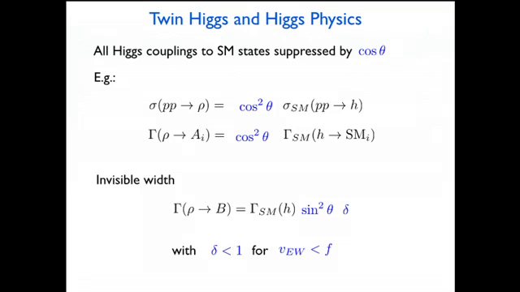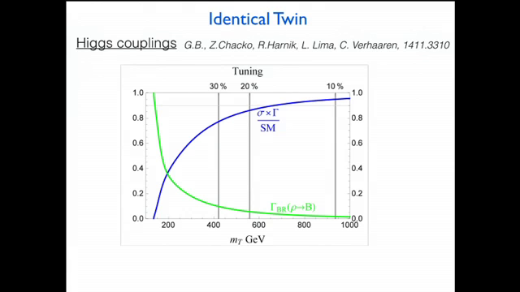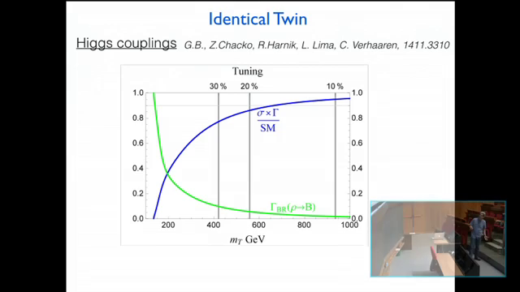And so as you see, as F becomes much bigger than the electroweak scale, delta becomes much smaller than 1, and you reduce the invisible width. That's the idea, right? So if you look at the Higgs couplings, here in the green line you see the invisible width as a function of the top partner mass, but essentially you can see this as a function also of the scale F. The top partner mass is proportional to some extent to F over v times the top Yukawa coupling times the cosine, or the cotangent actually, of v over f.